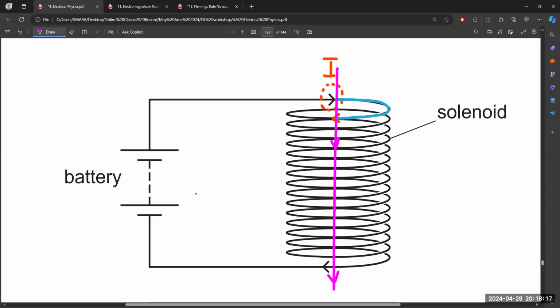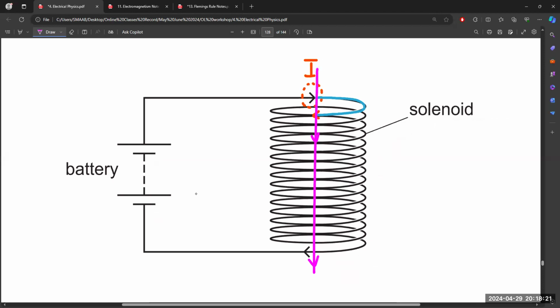And from the right hand side and left hand side, we know that there is a curve shape, the same on the other side.